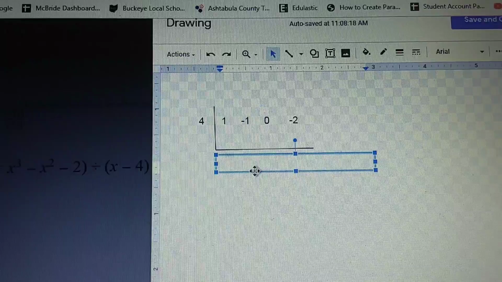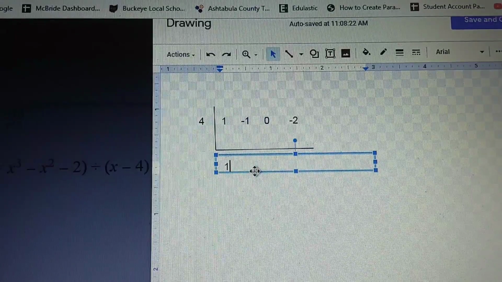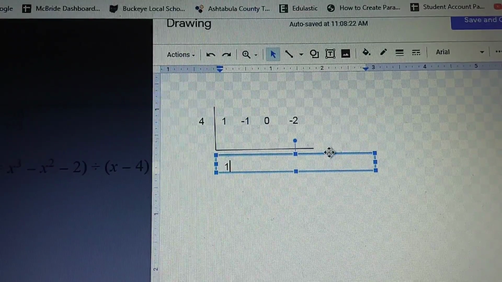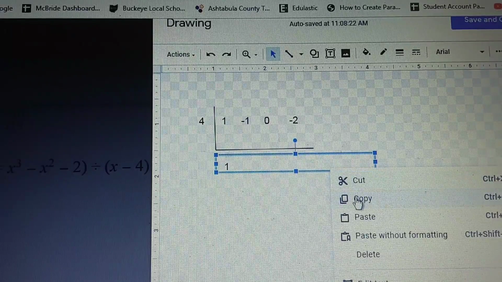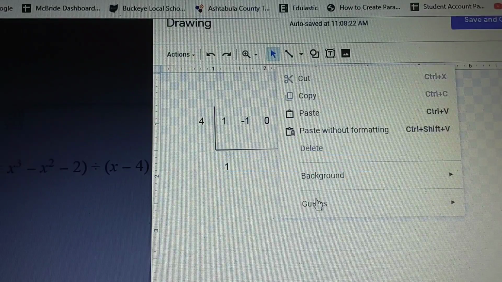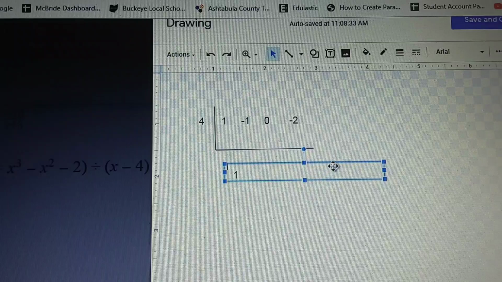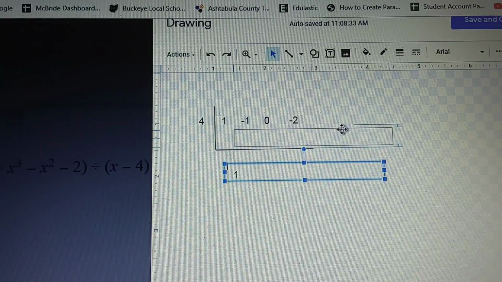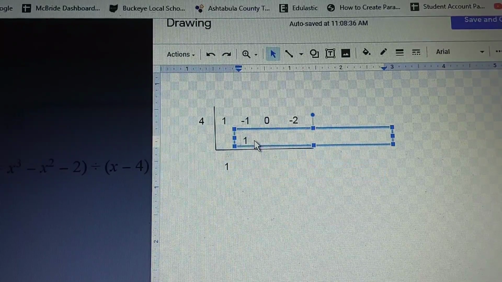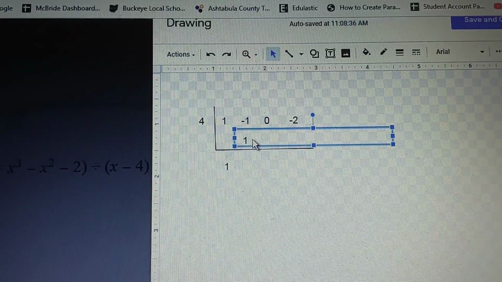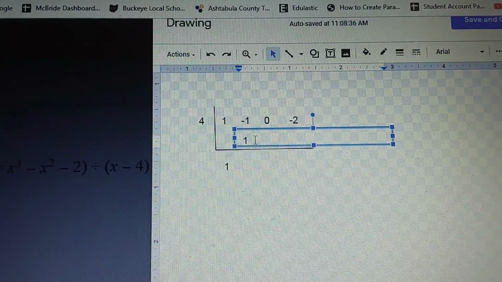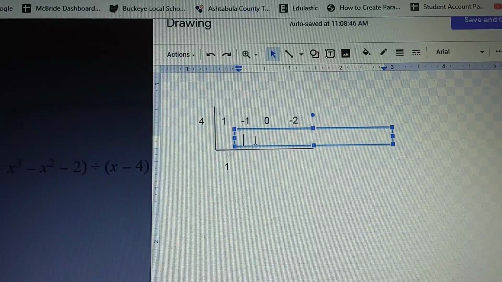Okay, so the first thing I'm going to do is bring down my 1. And remember, I'm going to copy this, and I'm going to paste it, and I'm going to drag it up here underneath my negative 1. And I'm going to delete this 1.